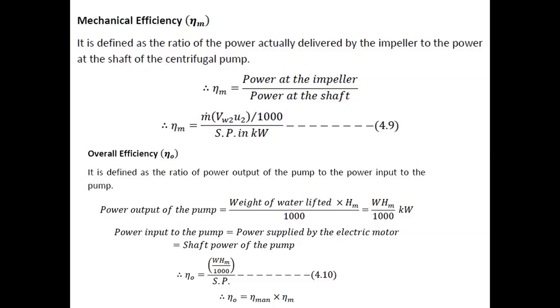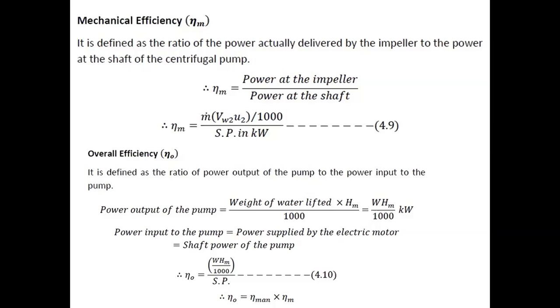After that, overall efficiency is defined as the ratio of the power output of the pump to the power input to the pump. The power output of the pump equals the weight of water lifted into HM upon 1000, so W HM upon 1000 kilowatt.